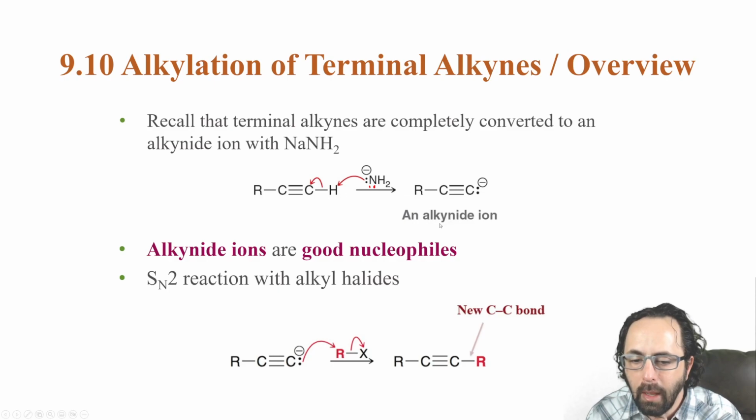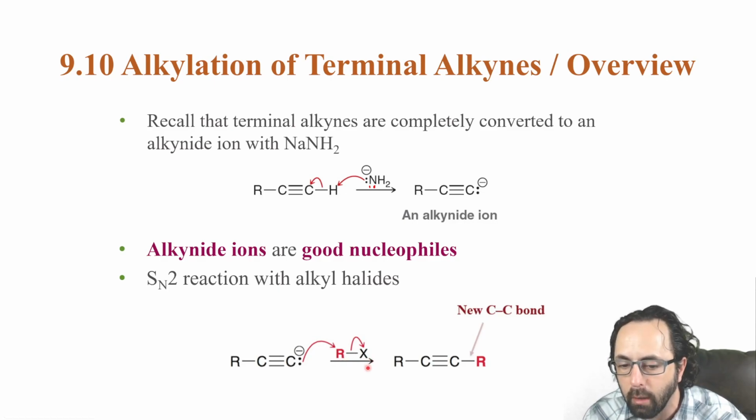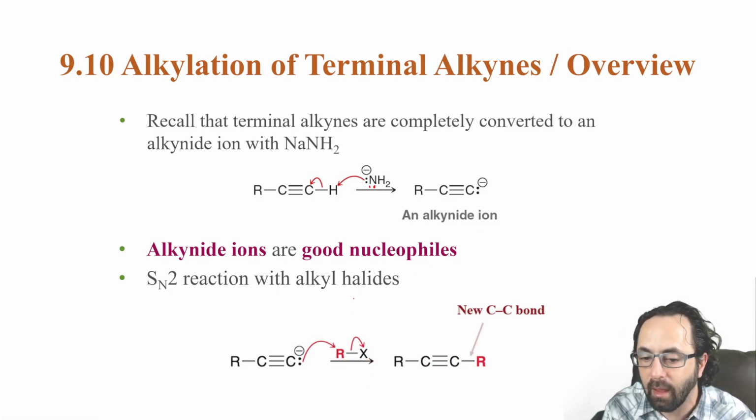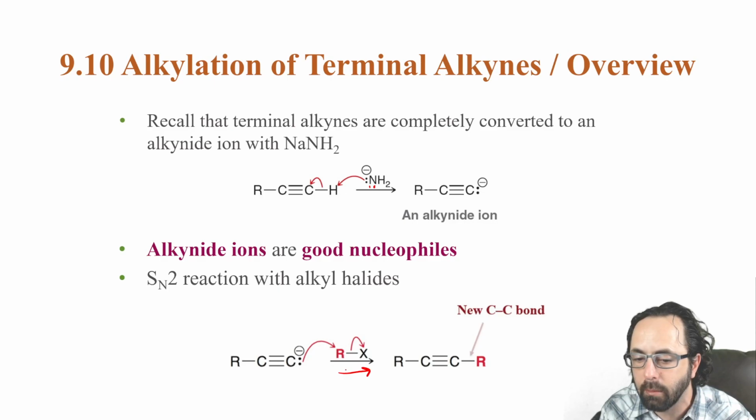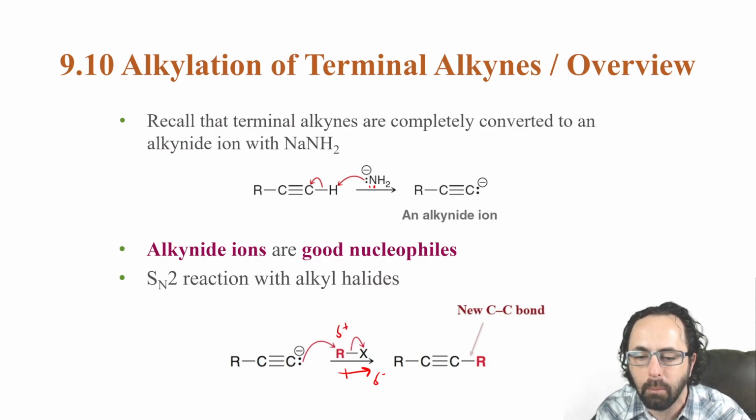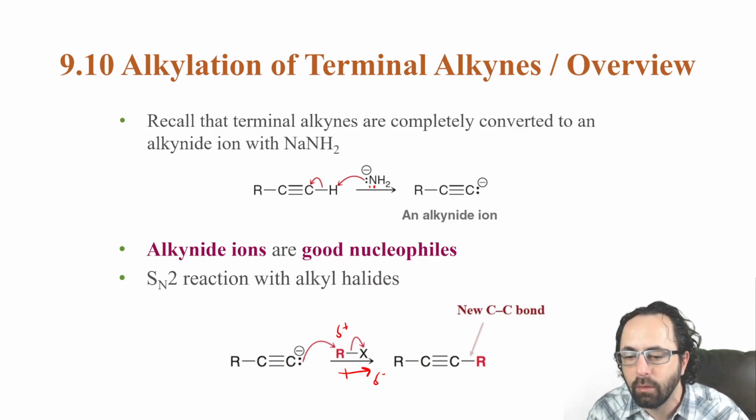And then that carbanion can behave as a nucleophile. It's a great nucleophile. So if you have a polar bond here, where we have, in this case, an alkyl halide, the halogen atom is pulling electrons this way, making this side partially negative, where the halogen atom is, and this side partially positive. So this negative formal charge wants to go and attack the alkyl group, the carbon attached to the halogen atom, and we get a nucleophilic attack here in an SN2 style.